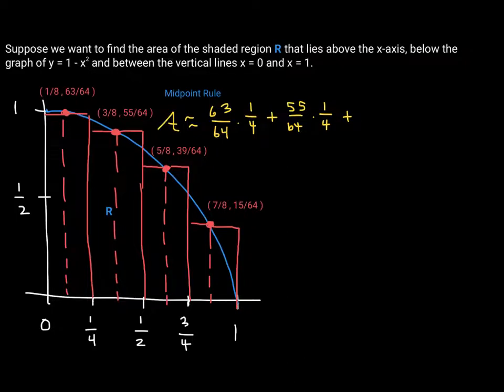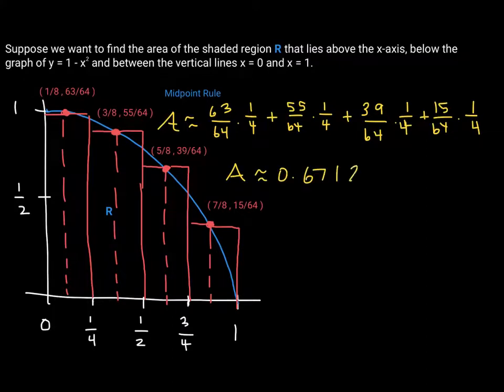And then the height of the third rectangle is 39/64 times the width, which is 1/4. Finally, plus the height of the last rectangle, which is 15/64 times 1/4. If you do all of this arithmetic, you'll get that the area is approximately 0.671875.